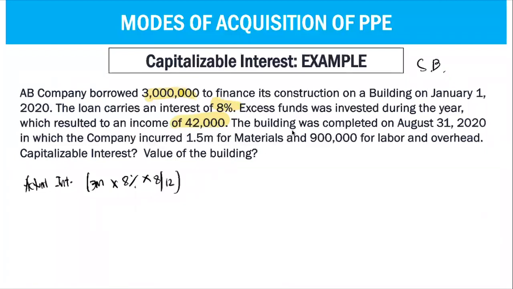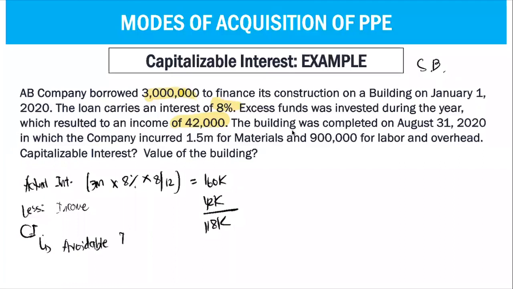So how much is our interest? 3 million times 8% times 8 over 12 will give us 160,000. Less the income earned out of reinvesting the funds, 42,000. So what is our capitalizable interest? 160,000 less 42,000, 118,000.